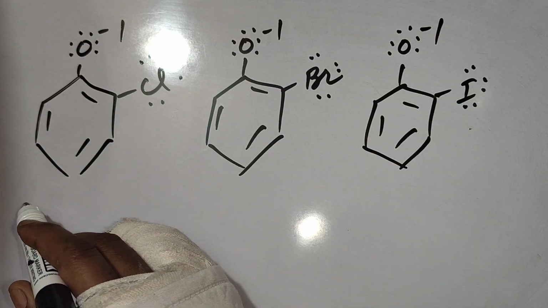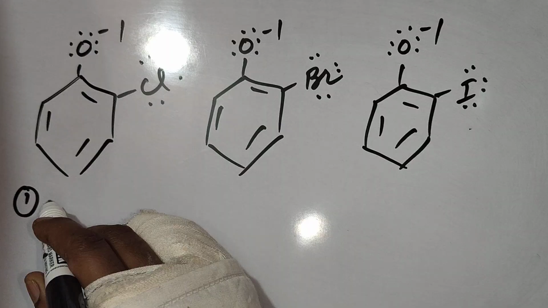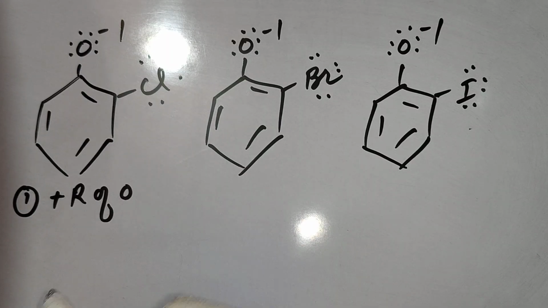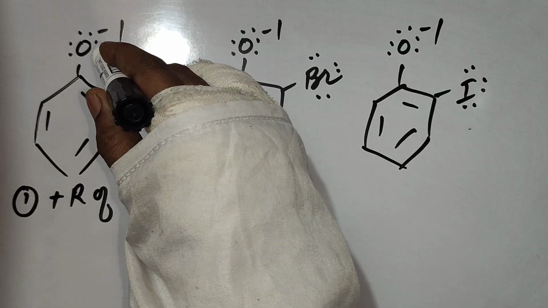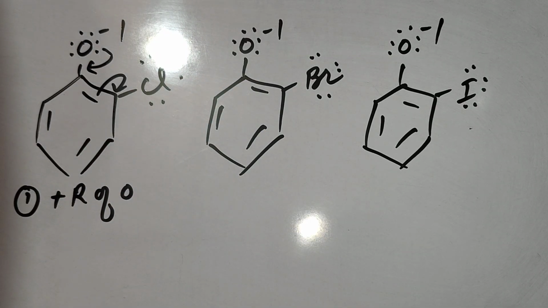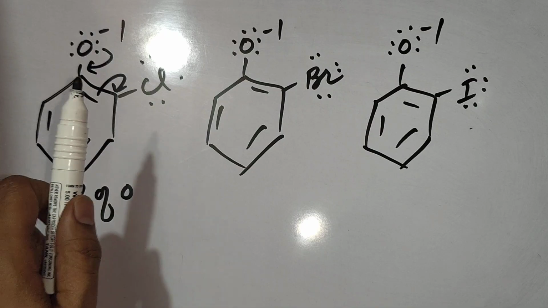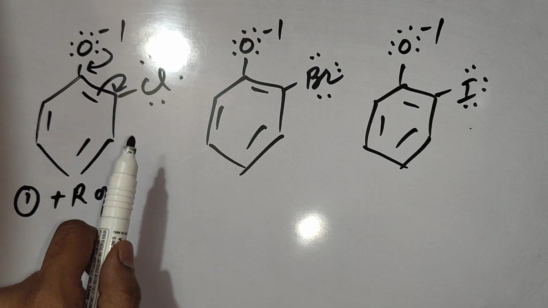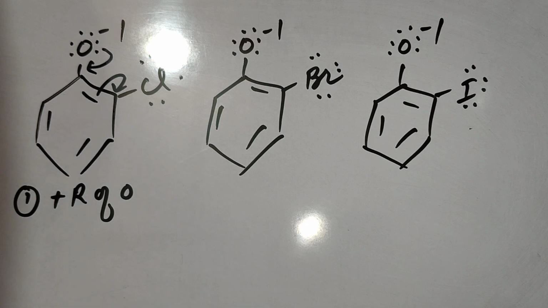The very first factor that you know very well, plus R of O. This factor. This one. And I am not completing the resonance. Please, as a student, you complete the resonance. Practice is very, very important for you.